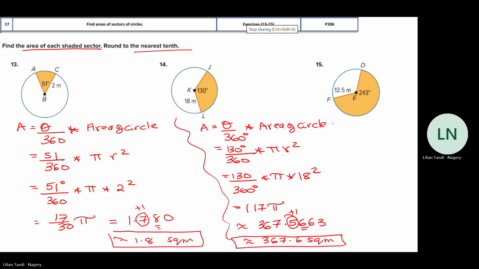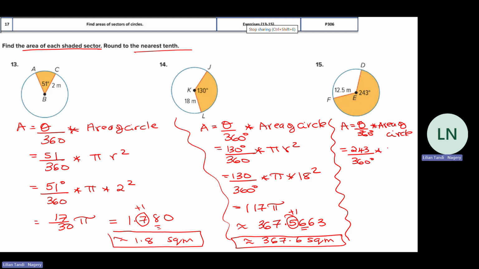We do the same thing here. Area equals theta over 360 multiplied by the area of the circle. This gives you 243 over 360 multiplied by pi r squared.